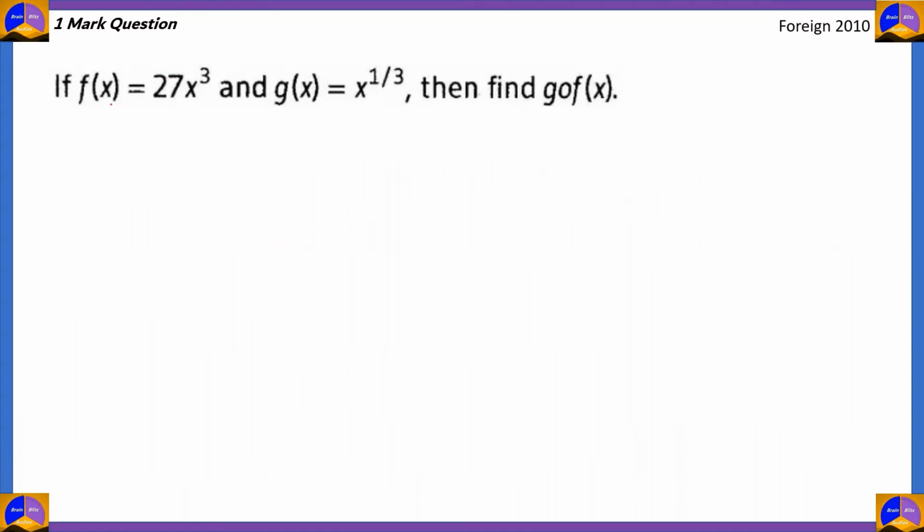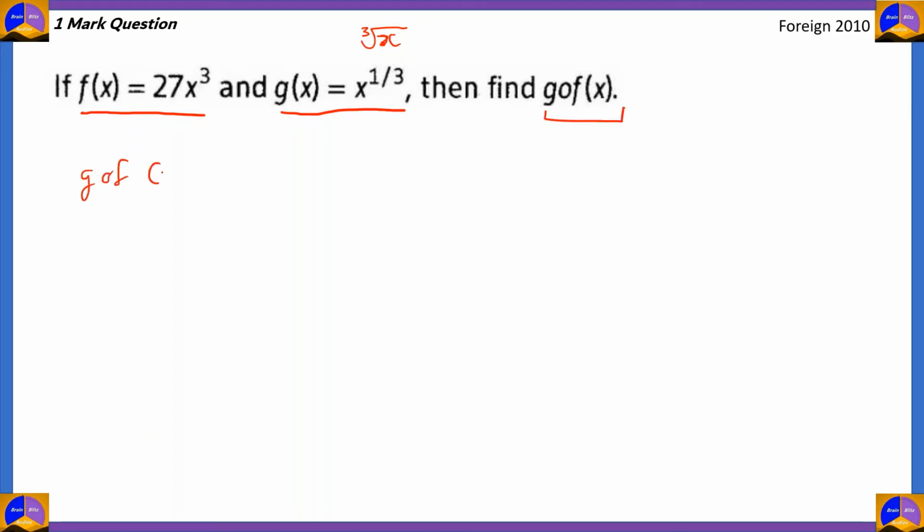Our next question. If the function f of x is given as 27x cubed and the function g of x is given as x raised to 1 by 3, which is essentially cube root of x, then we have to find g of f of x. So what is g of f of x?